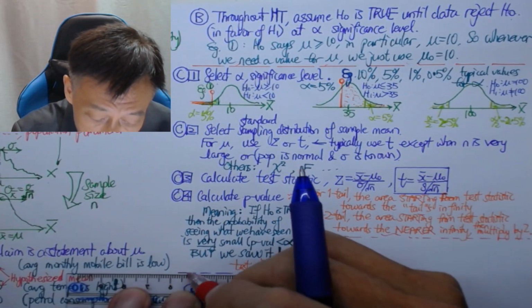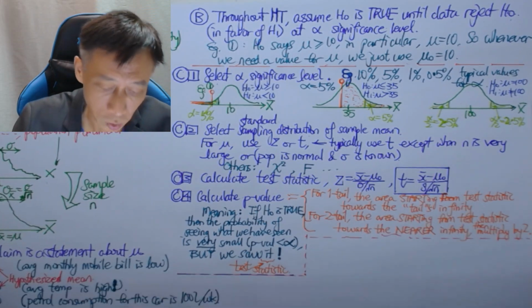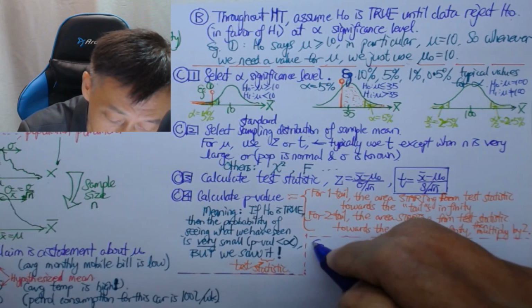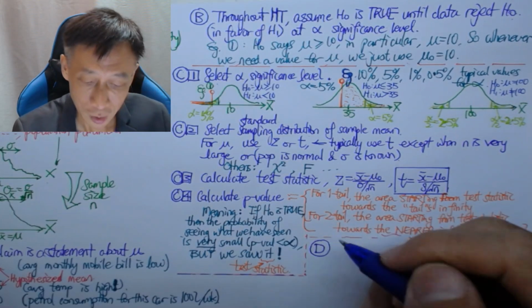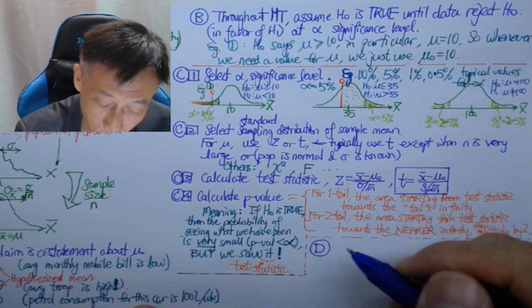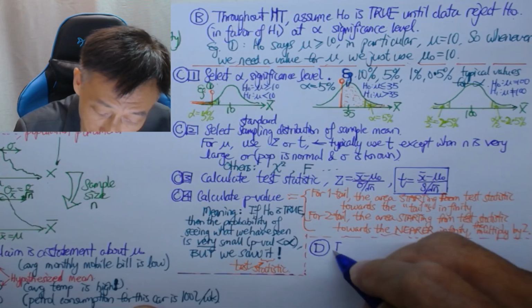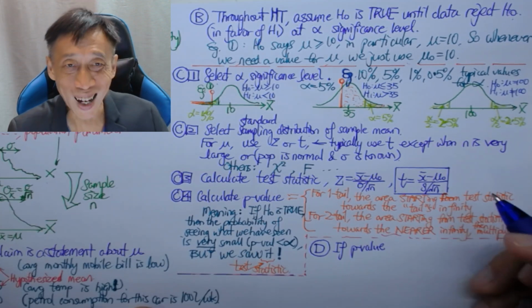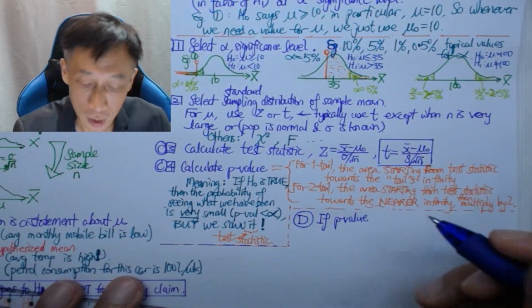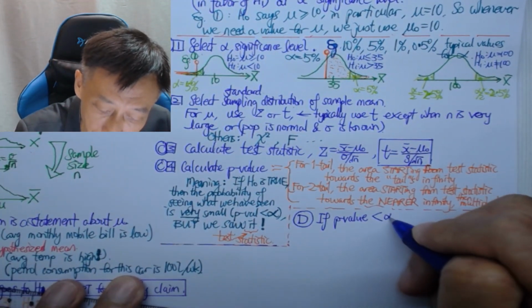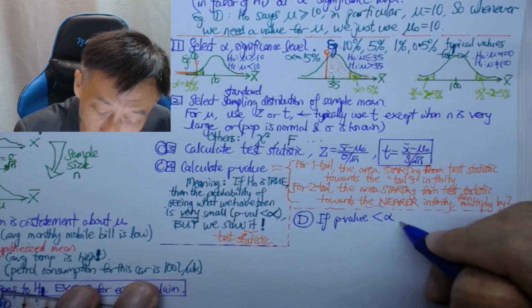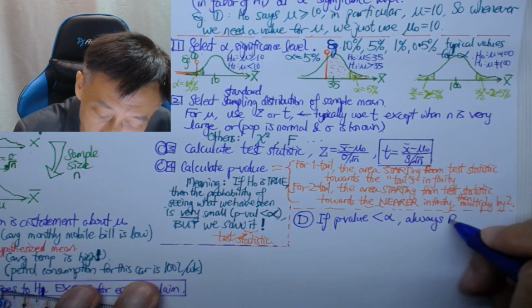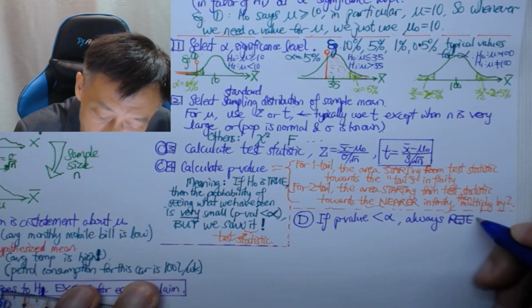So I've been saying this a few times, so it's good to put that down because it is also a general truth and important structure of all hypothesis tests, that if the p-value of any test is less than alpha, we will always reject whatever is in H0.